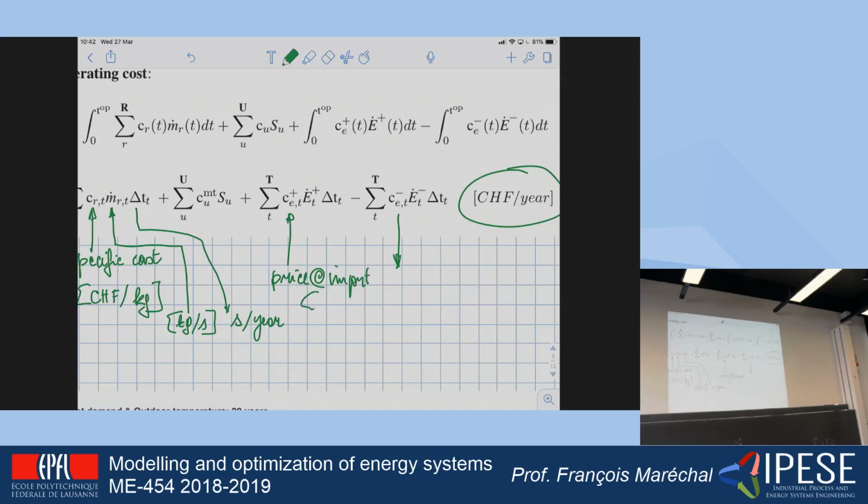and this is in Swiss francs. I'm going to use per kilojoule, and here I will have the same in Swiss francs per kilojoule. So those are prices, and something that is also written in the formula is that it's possible that the price is changing with time.